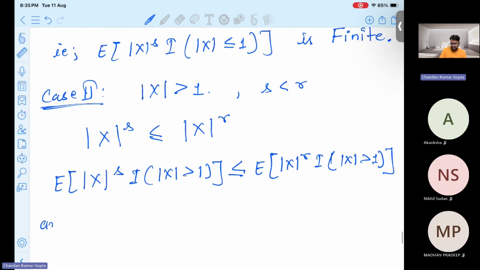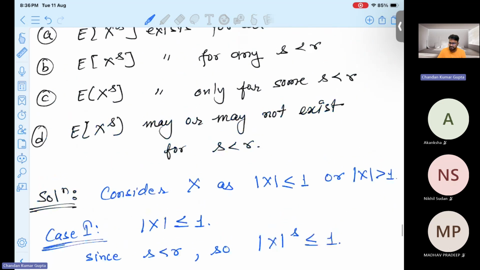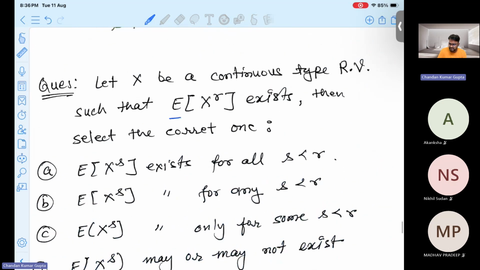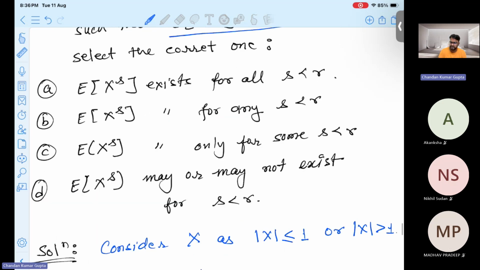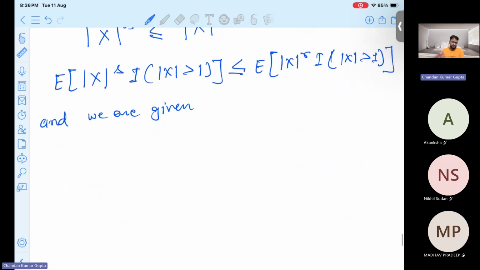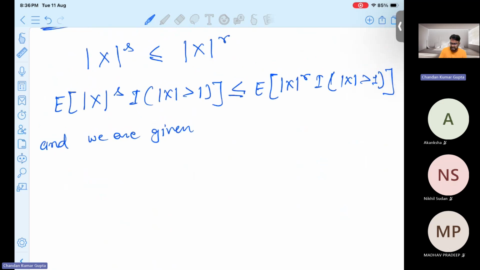Fine. And what are we given? This exists, which means that it is finite. It has some value. Also we are given that the expected value of X to the power R is finite. That means it exists.